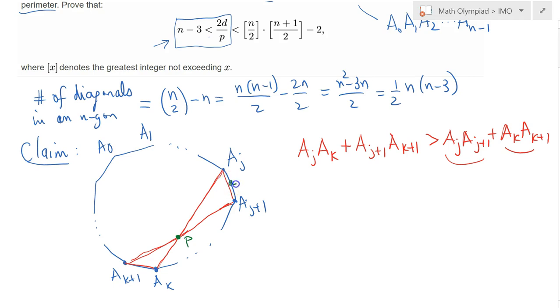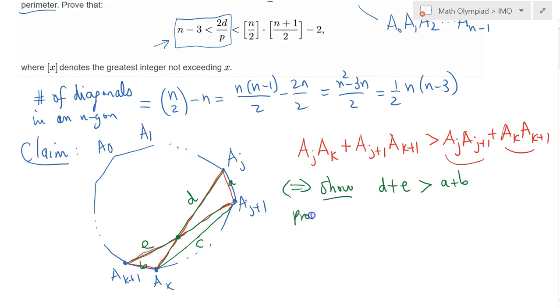So let's call this length A, this one is B. Let's call the length connecting these two, forget about this point P, we'll make it easier, C. Then this diagonal here, let's start with AjAk, let's call it D, the whole thing, and this one is E. So formally, we want to show that D plus E is strictly greater than A plus B.